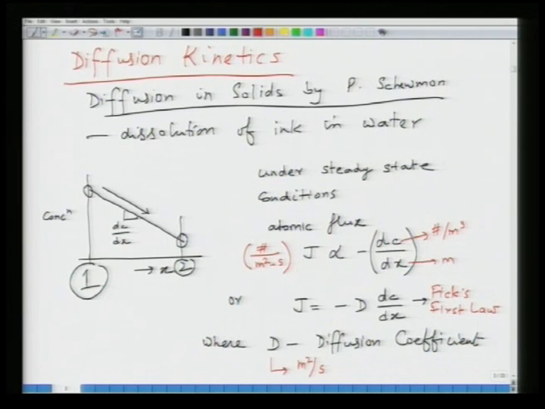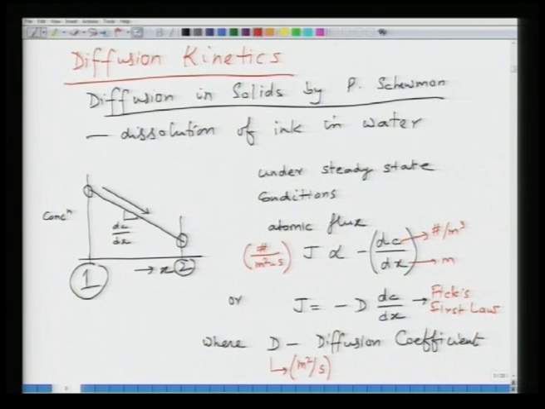Okay. So, diffusivity or diffusion coefficient is nothing but the proportionality constant, and as you can see now, higher the diffusivity, higher the flux will be. Of course, higher the concentration gradient, higher the flux would be, but this D is an important parameter, as we will see.